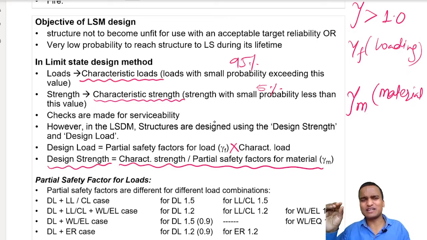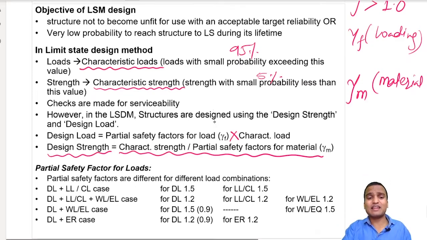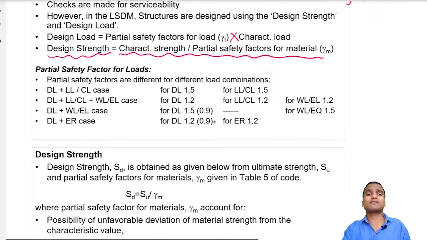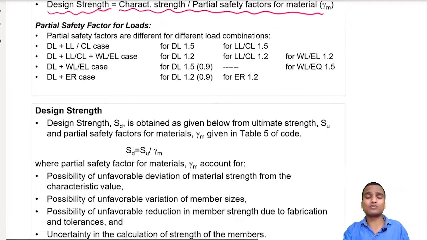First we have to take the characteristic load and the characteristic strength. I have explained what these are very well in a video; you can watch it. And then we calculate the design load and design strength with the help of partial safety factors for materials and loads. In the IS code itself, partial safety factors for loads are given, and we have discussed that and done all the load combinations.